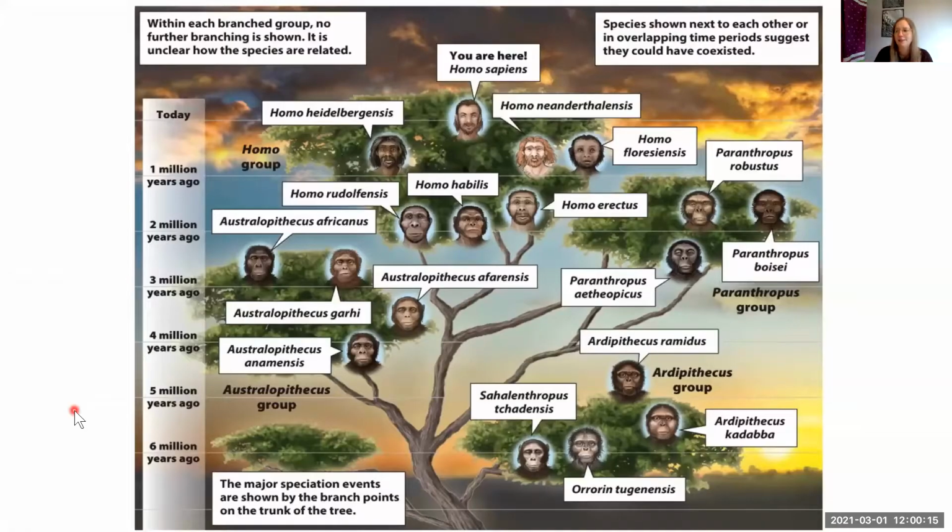And what I like about this is they've taken an artist's rendering of what they think our faces would have looked like. So you can see that the fur is decreasing around the face as we get closer to Homo sapien. That's something interesting. So these groups, Homo neanderthalis and us, we have less fur all over our face than some of the groups down here from longer ago.